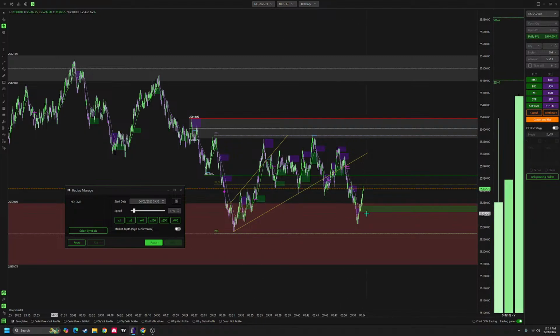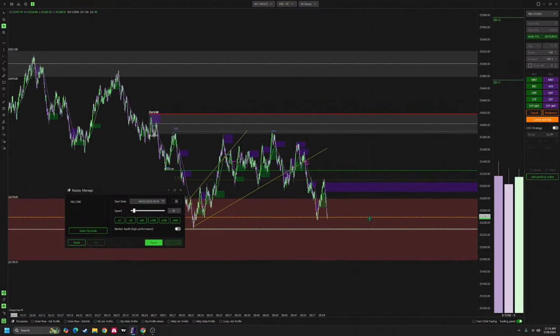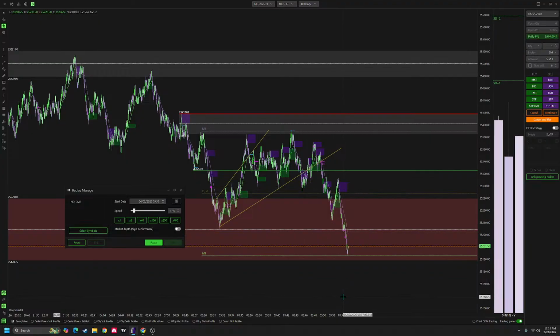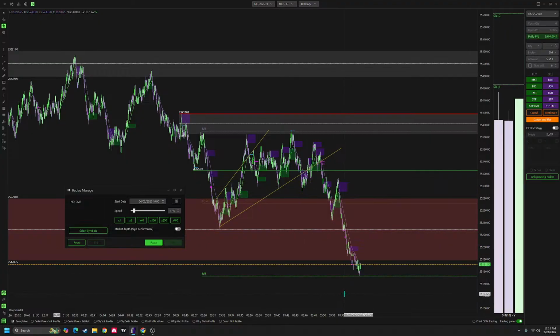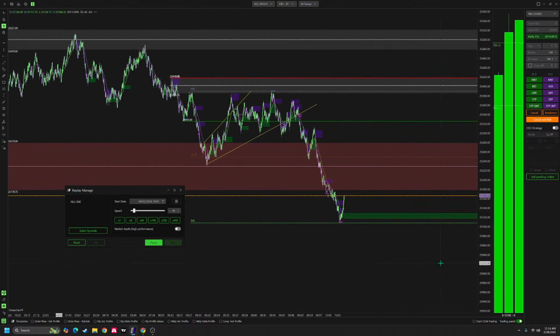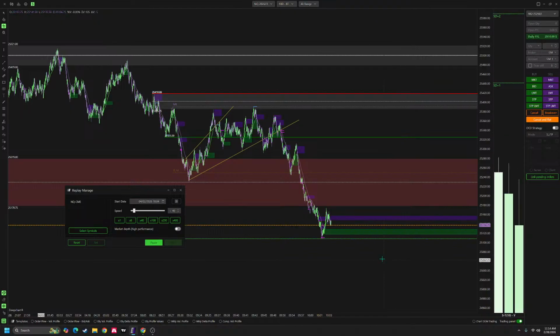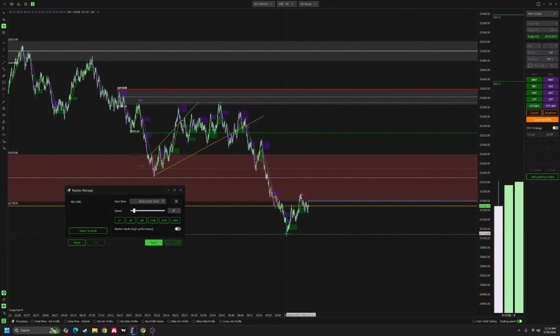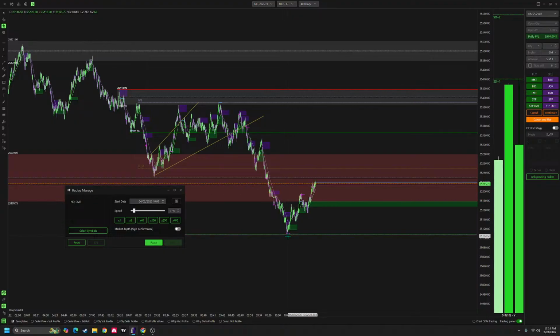So we do tap back into the zone. And we sweep the low. And we move lower. So now do we make the move all the way back up to the top? So we just set the initial balance.